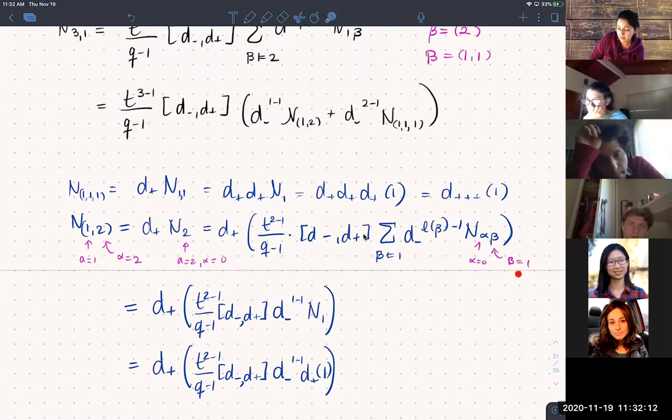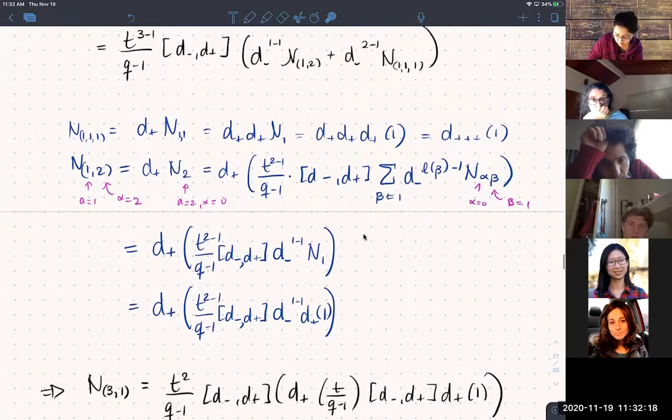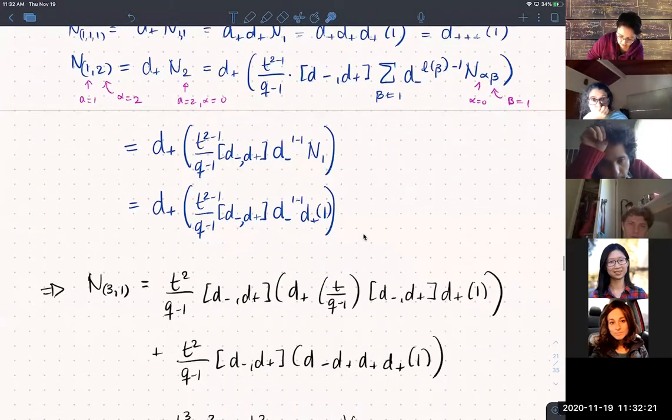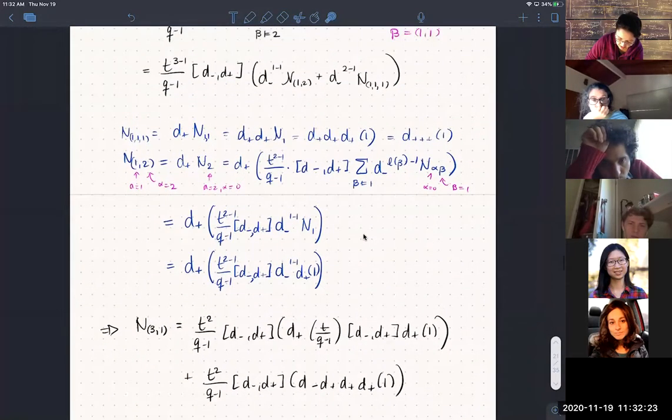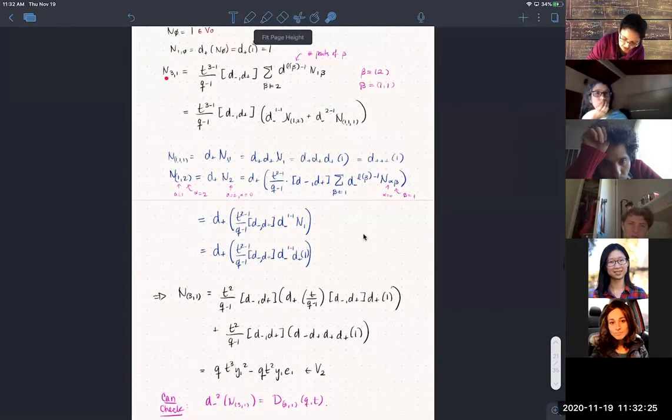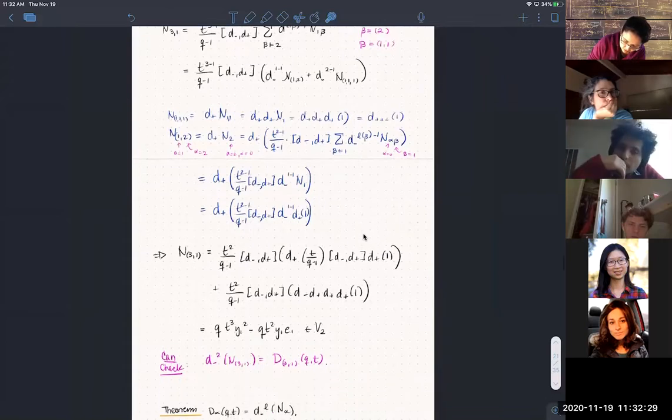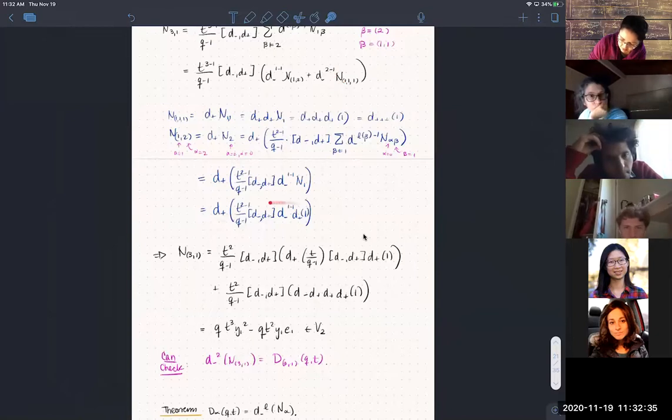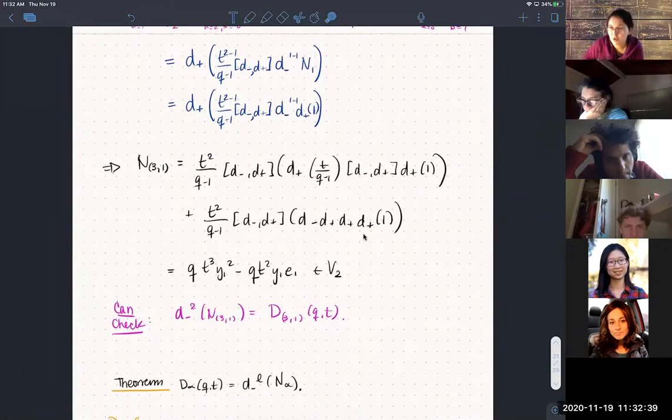The length of beta is 1, so 1 minus 1, which is why I have a 1 minus 1 here. And then you work it through. At the end, you take n31 and you just plug it in. So this is equal to d plus substituted in here, and then this stuff substituted in here. This is just putting it all back together.